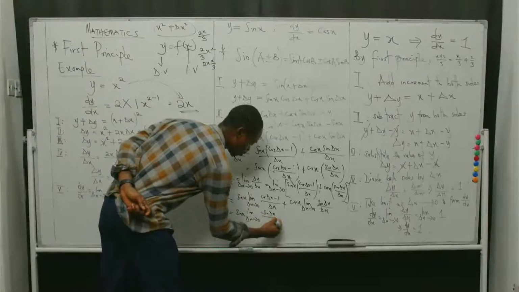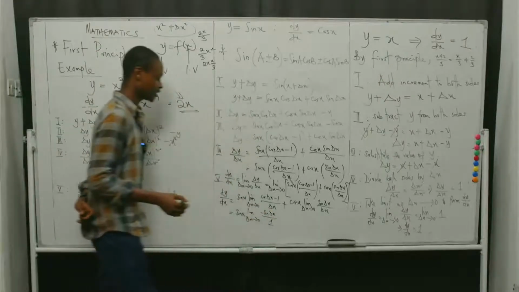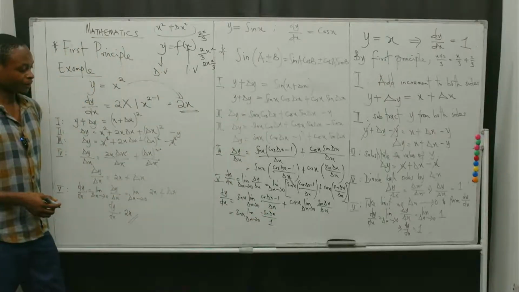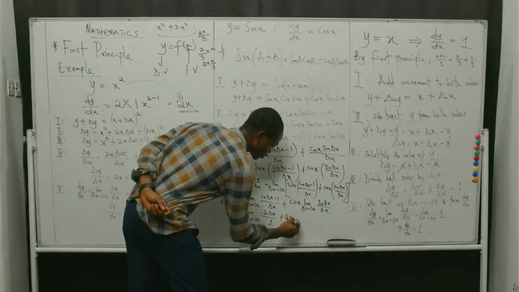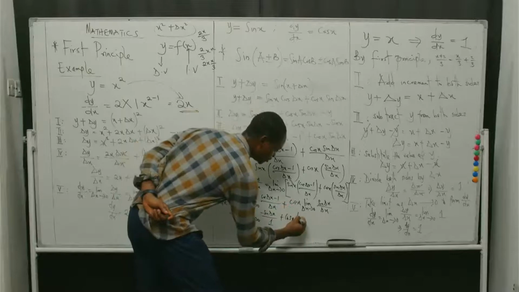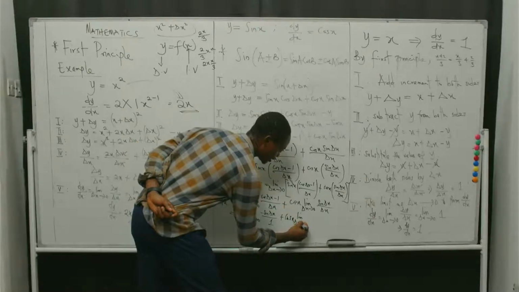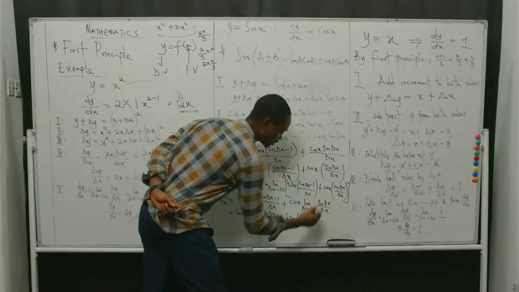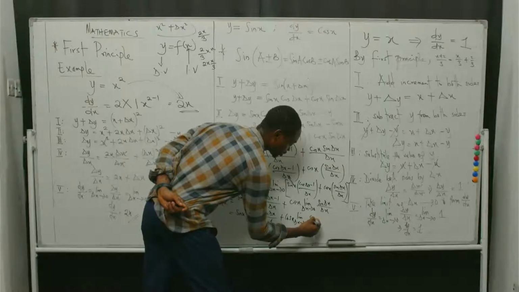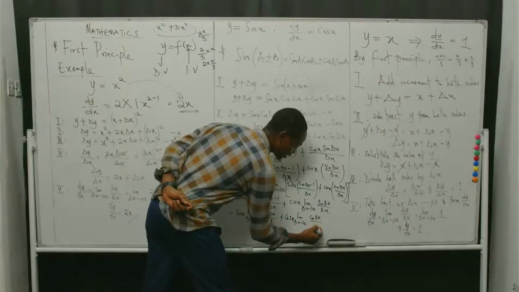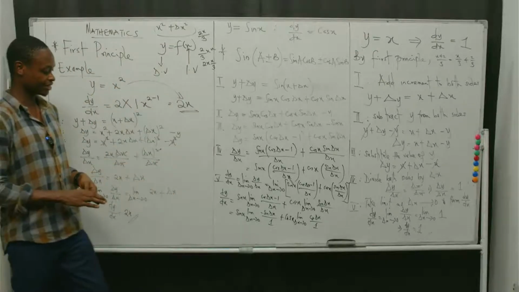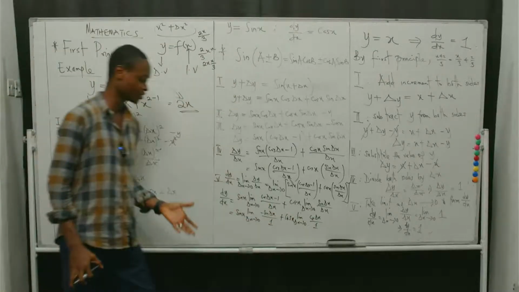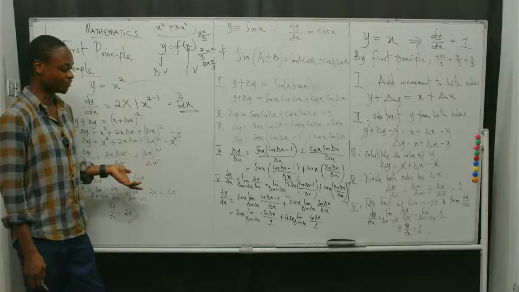And then the denominator, differentiation of delta x, gives you 1. And then on the other side, you have plus cos x, limit as delta x tends to 0, of the differential of sine, which gives you cos delta x, divided by 1. And you evaluate again. Now, the denominator is 1 in this case, so it cannot become undefined.